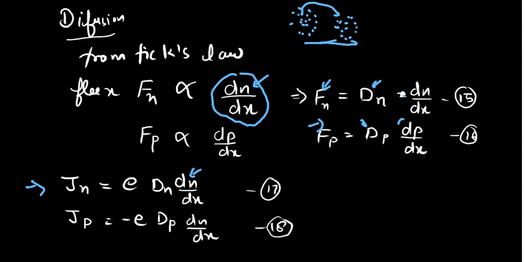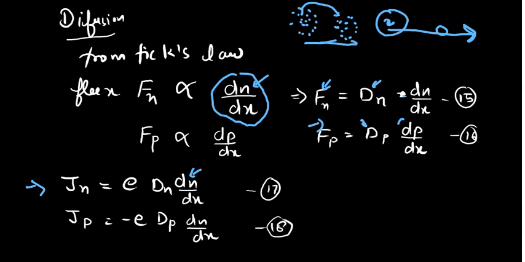Suppose here the concentration is maximum and somewhere else the concentration is lower. The concentration is decreasing in the direction of the arrow, but the carriers will move in the direction of decreasing concentration.